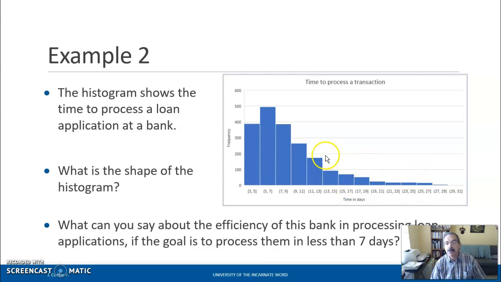How can I streamline the process to get the loans processed faster? This is how you would use this histogram and talk to the bank manager and say, well, here is an issue. You are not meeting your goal, and you really need to streamline your process so that you can get the majority of your loans processed within the desired 7 days.